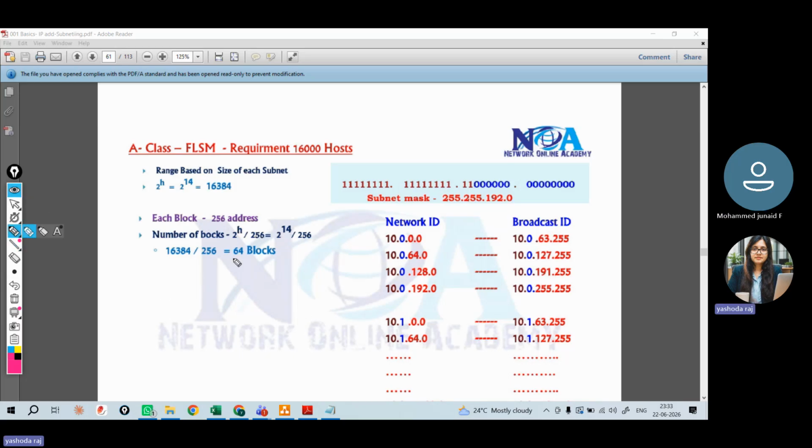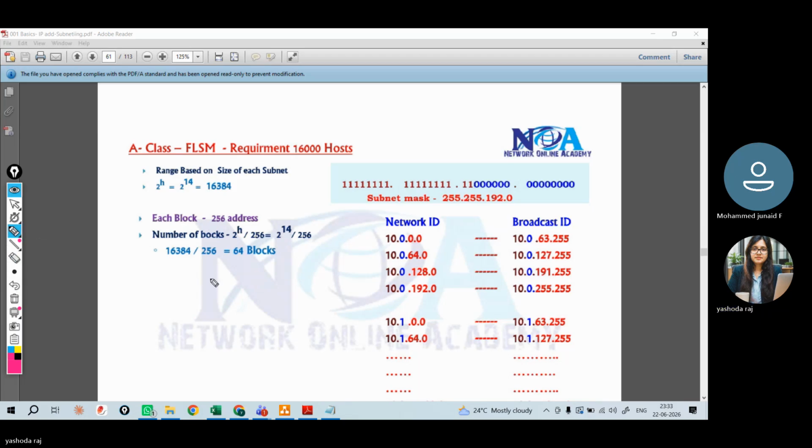So in the same way, it is telling 64 blocks. That means what you need to do: suppose I say 192.168.1.0, I'm going to add 64 to this last host ID, right? 64 IPs means I'm going to keep on adding like this. Whereas here, I'm going to add the block.